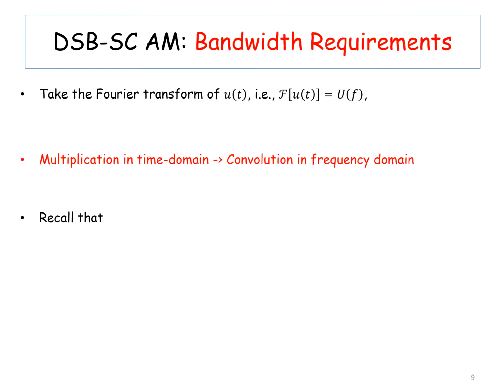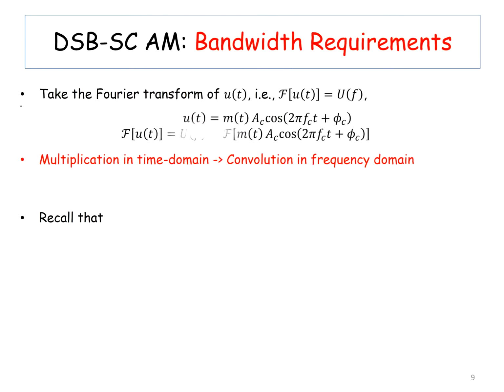Now we can investigate the bandwidth requirement for this modulation method. Actually, we need to take the Fourier transform of the modulated signal u(t). From the Fourier analysis, we know that multiplication in the time domain equals convolution in the frequency domain. Therefore, we can write the following.